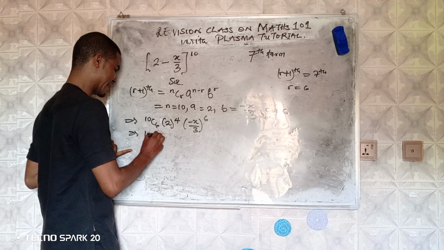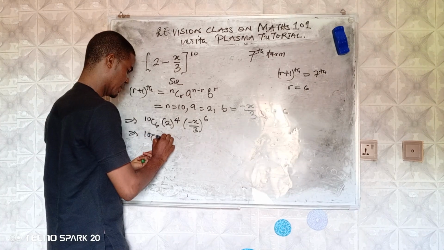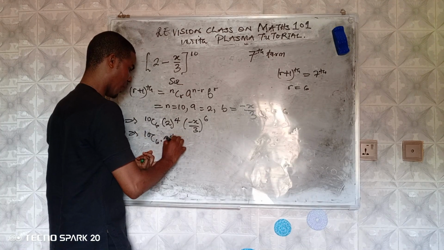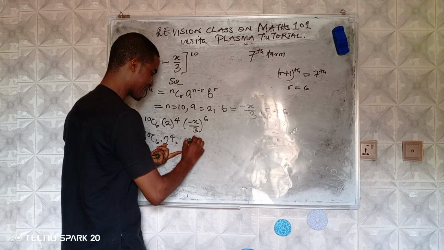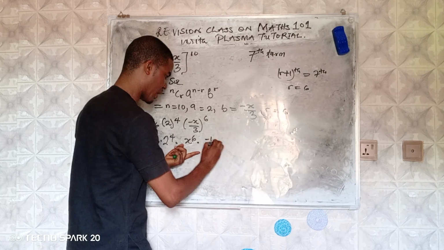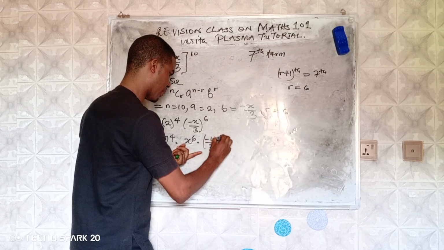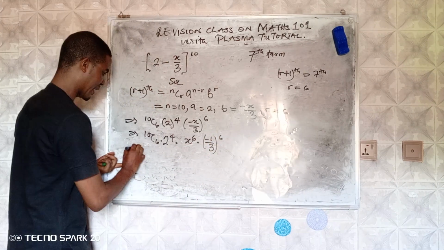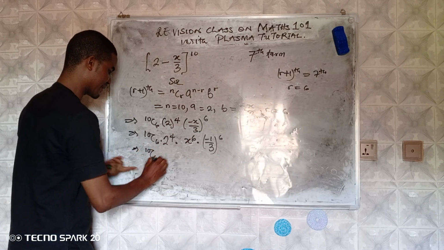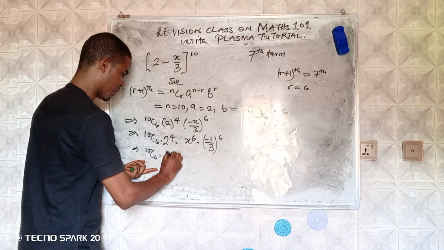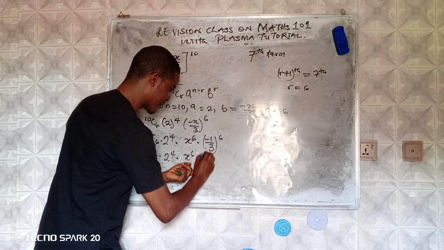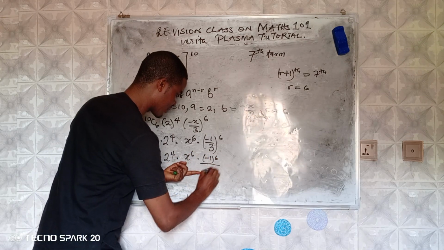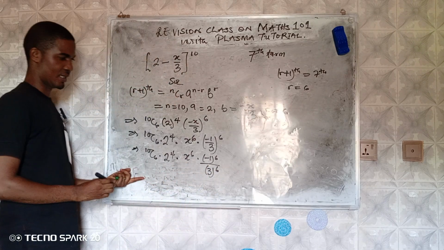This becomes 10 combined 6 times 2 raised to power 4 times x raised to power 6 times (minus 1 over 3) all raised to power 6. Then this is the same thing as 10 combined 6 times 2 raised to power 4 times x raised to power 6 times (minus 1) raised to power 6 over 3 raised to power 6.